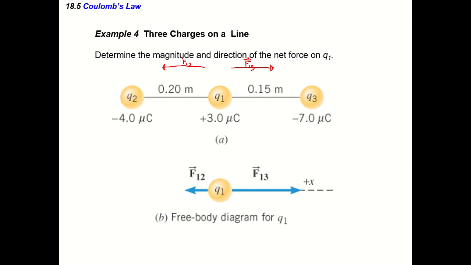Again there's a bar here to indicate that this is a vectorial force. So 3 combined with this one, 3 minus 4, we have minus, so the direction would be to the left. The value here is F12, going in this direction because minus 4 is greater than this one.